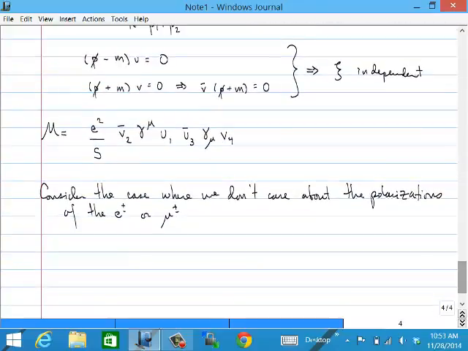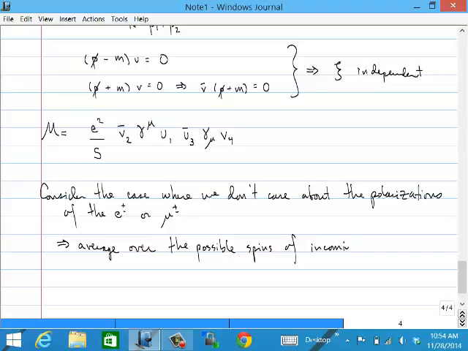So let's just pretend that we don't care. So that means that we need to average over all possible spin states. Okay. So we need to average over the possible spins of the incoming particles and sum over the spins of the external particles.